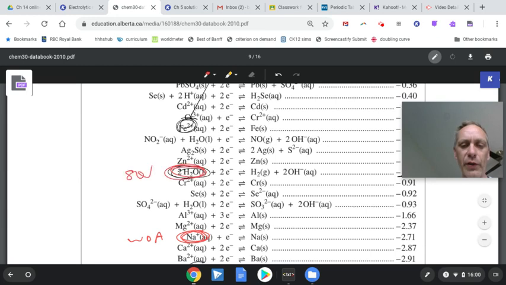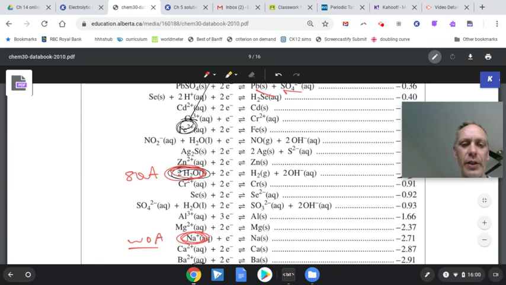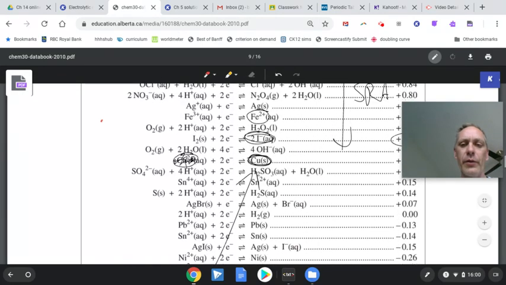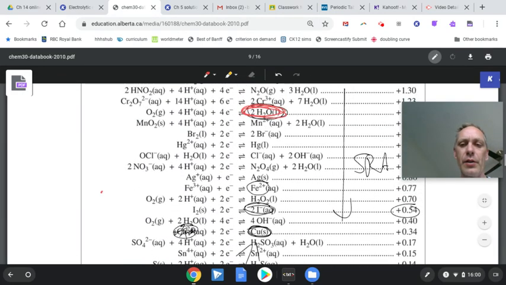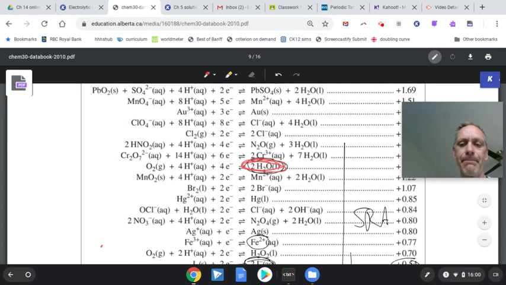Water is a stronger oxidizing agent than sodium. SO4 2 minus, I saw it in here, but it only works with other things like lead, and there's no lead. So the strongest oxidizing agent is water. The strongest reducing agent is water. Wow. This is a water-water electrolytic cell.